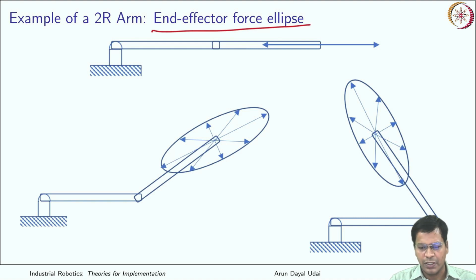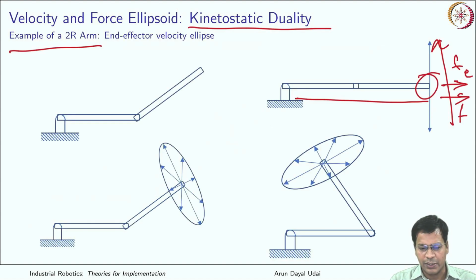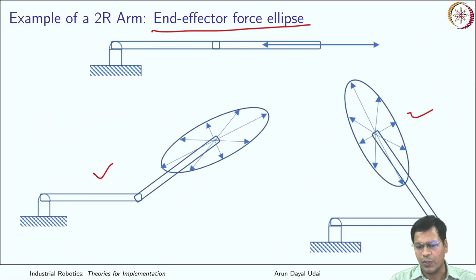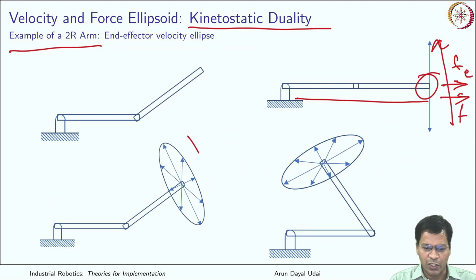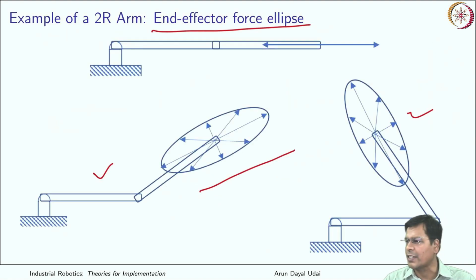And similarly, the end effector force ellipse is directed orthogonal to it. For the same two situations as here, this time it is directed orthogonal. So in case of force it is directed like this, in case of velocity it is like this. This is just an example. You should expect an ellipsoid if it is a 3 degree of freedom system.